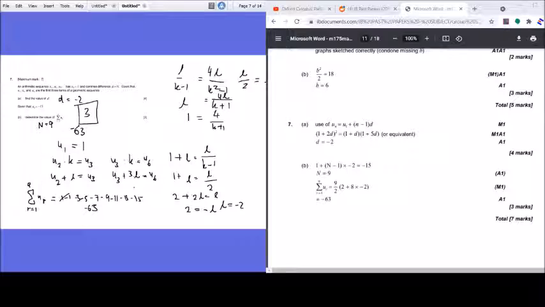Question 7, use of u_n equals u_1 plus (n minus 1)d. I did not do that at all. Not even close. 1 plus 2d squared equals 1 plus d times 1 plus 5d. Didn't do that at all. But I did end up getting d equals -2, so I only got 1 point for that. 1 plus (n minus 1) times -2 is equal to -15, so n equals 9.